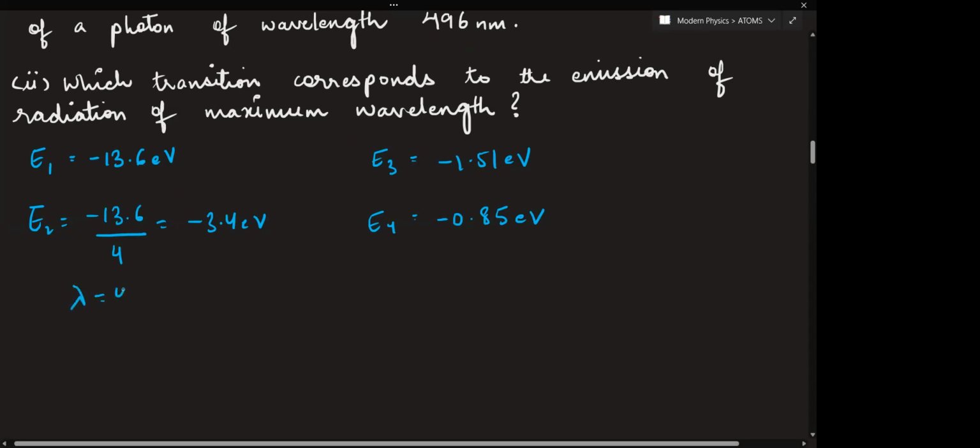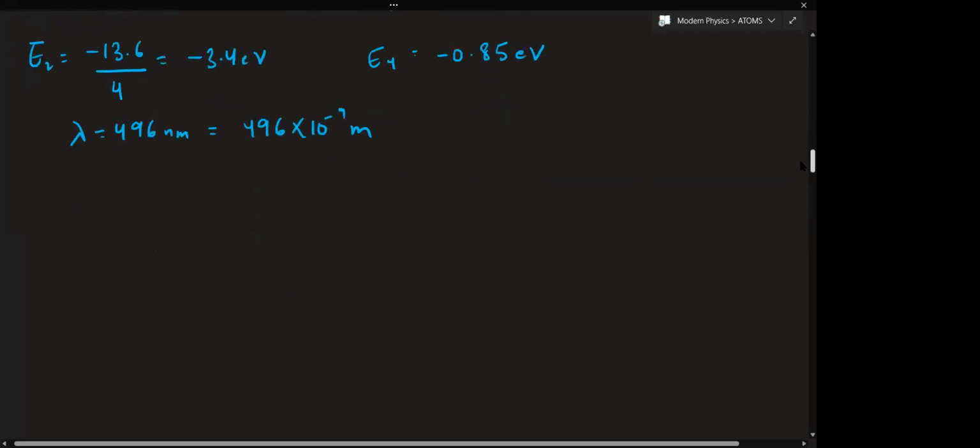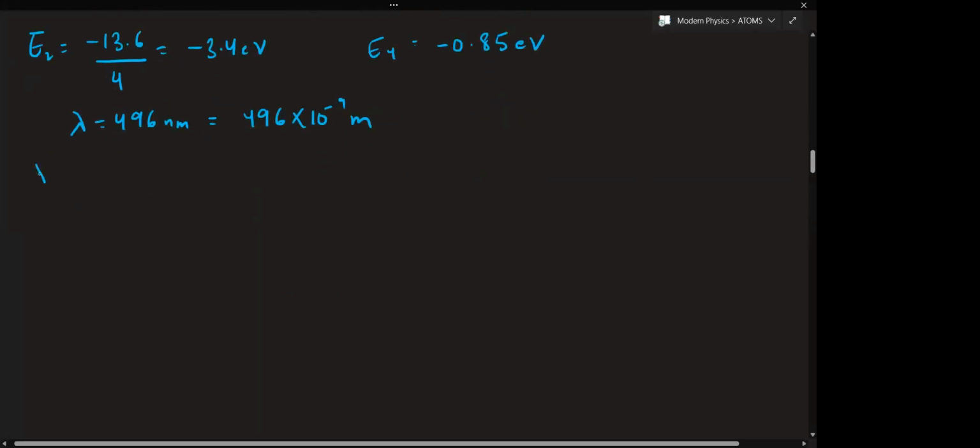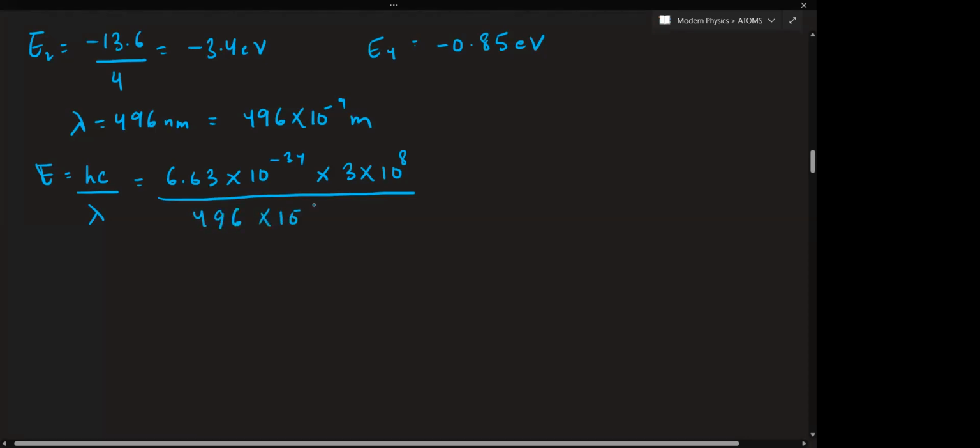If the wavelength is 496 nanometers, that means 496 into 10 to the power minus 9 meters. Let us find the energy of this wavelength. E will be equal to hc divided by the wavelength lambda. hc is 6.63 into 10 to the power minus 34, times c, the speed of light, that is 3 into 10 to the power 8, divided by 496 into 10 to the power minus 9.